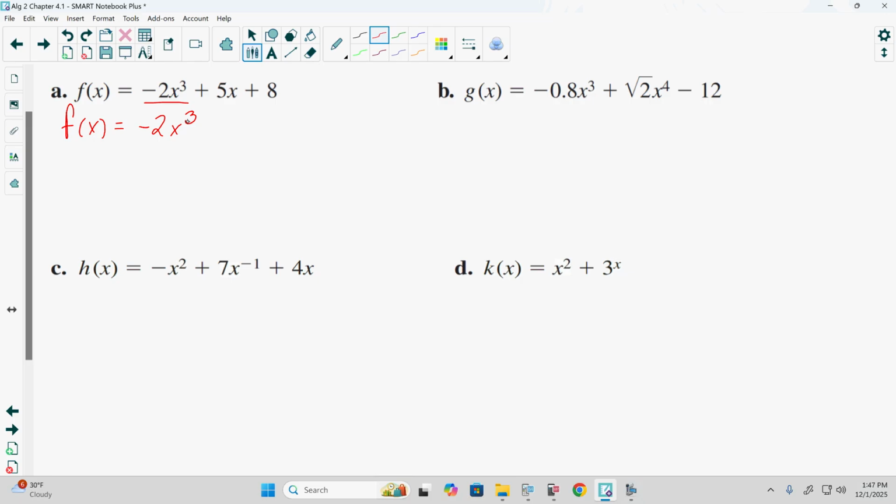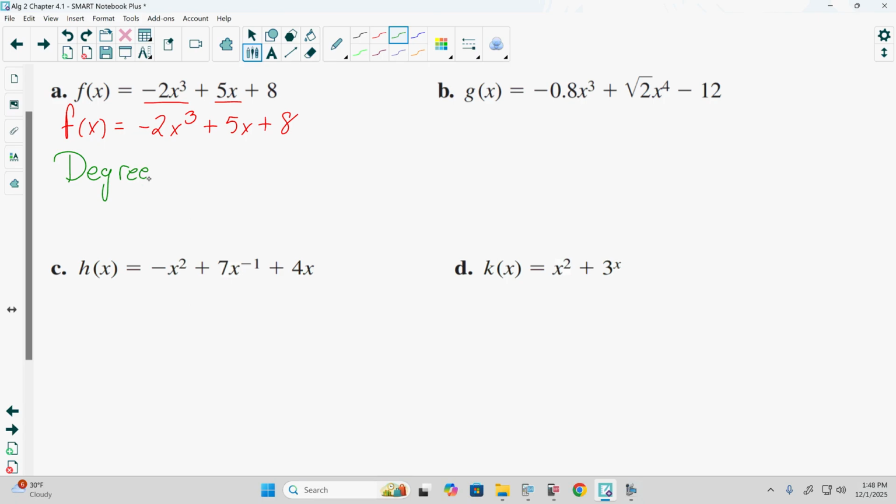Do we have an x squared term here? Nope, so we don't have to list it. Then it'd be x to the 1st, which would be our positive 5x, and lastly our constant term, our term without a variable, which would be plus 8. So realistically for this here, it's already written in standard form. We didn't have to do anything to change it.